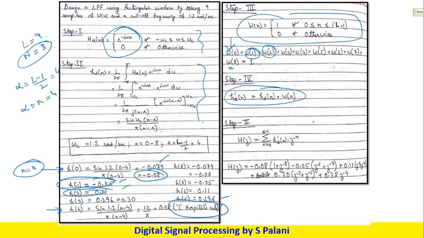Now how will you implement the Z transform? Our n range is 0 to capital N. So you just have to take the values and put z to the power of that n value.